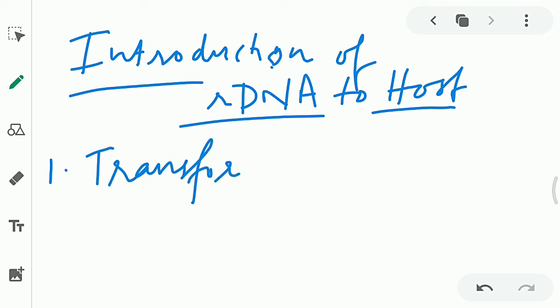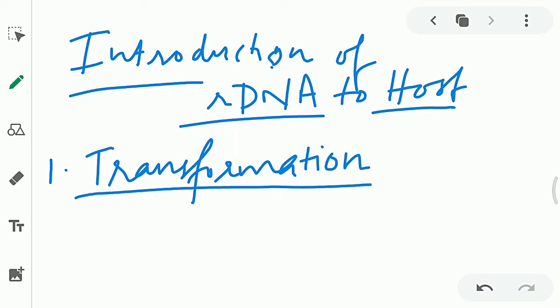The first one is transformation. This is one of the important techniques. और कभी कभी हम recombination को भी transformation बोलते हैं. Okay. The transformation is such a common method, and how is this done?